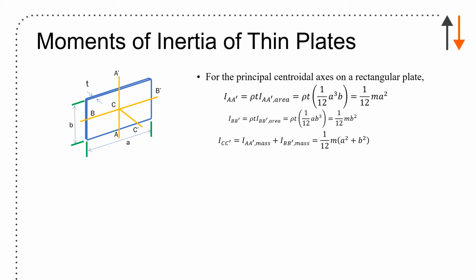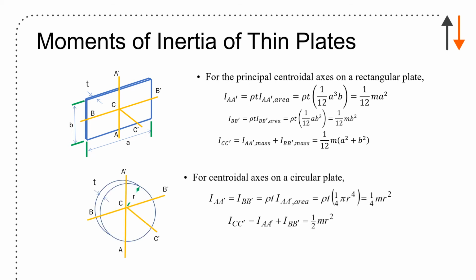I BB prime is going to be 1/12 m b squared, and about C prime it's 1/12 m times a squared plus b squared. And you can see that everything depends on the normal distance with respect to that axis, and that's why you have these different results in all three directions.